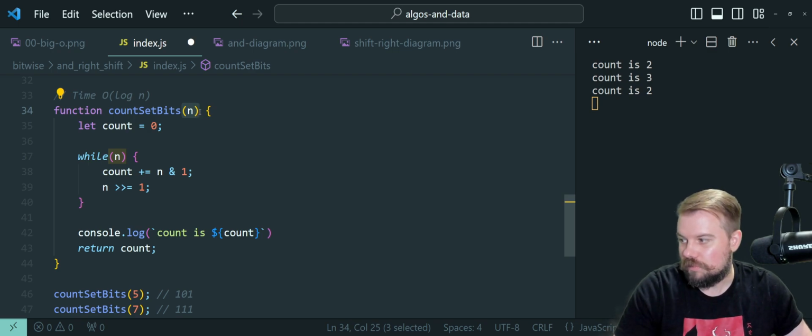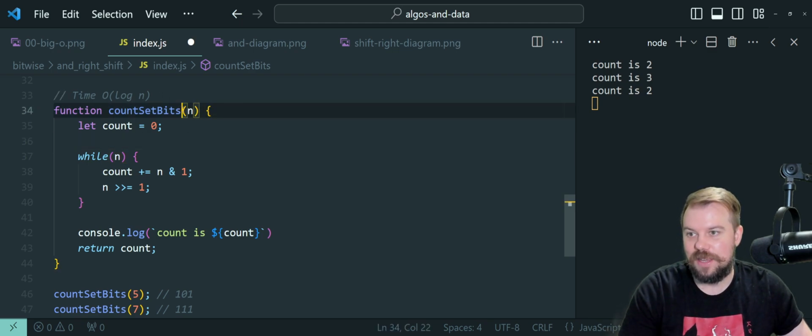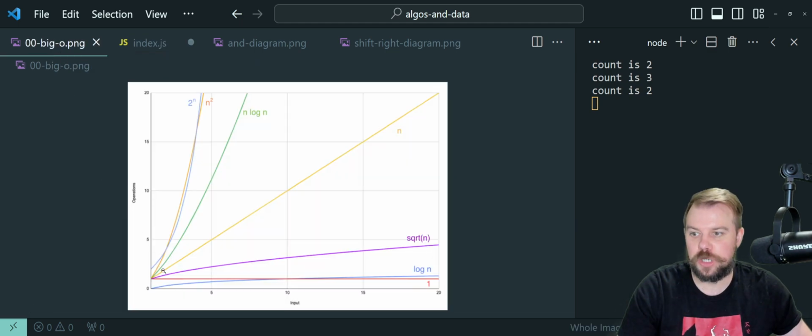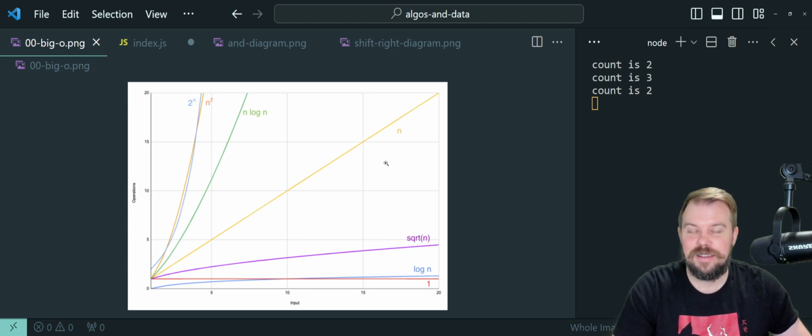Now, the number n isn't directly proportional to the amount of iterations, because again, we are not thinking of the number itself as what we're iterating over. We are iterating over the base 2 or binary version of that number.